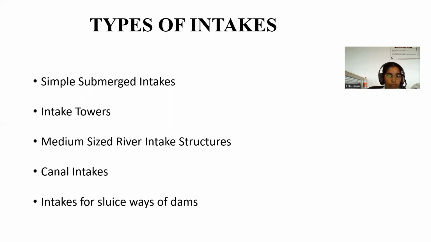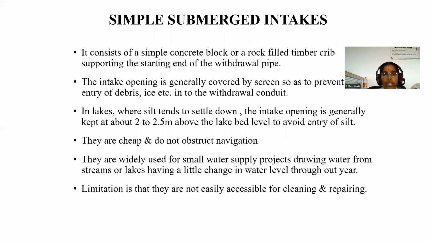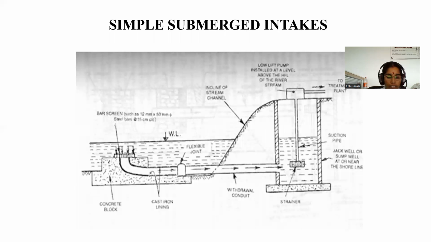Types of intakes: simple submerged intake, intake towers, medium-sized river intake structures, canal intake, river intake for sluice way of dam. Simple submerged intake. This is the simple submerged intake. A simple submerged intake consists of a simple concrete or a rock-filled timber crib supporting the starting end of the withdrawal pipe as shown in your picture.